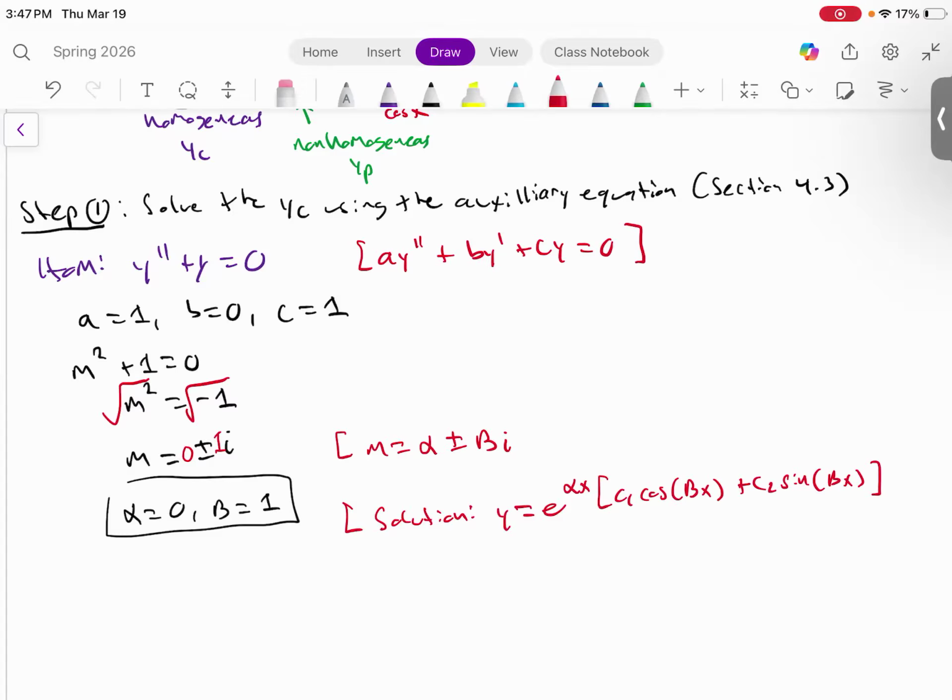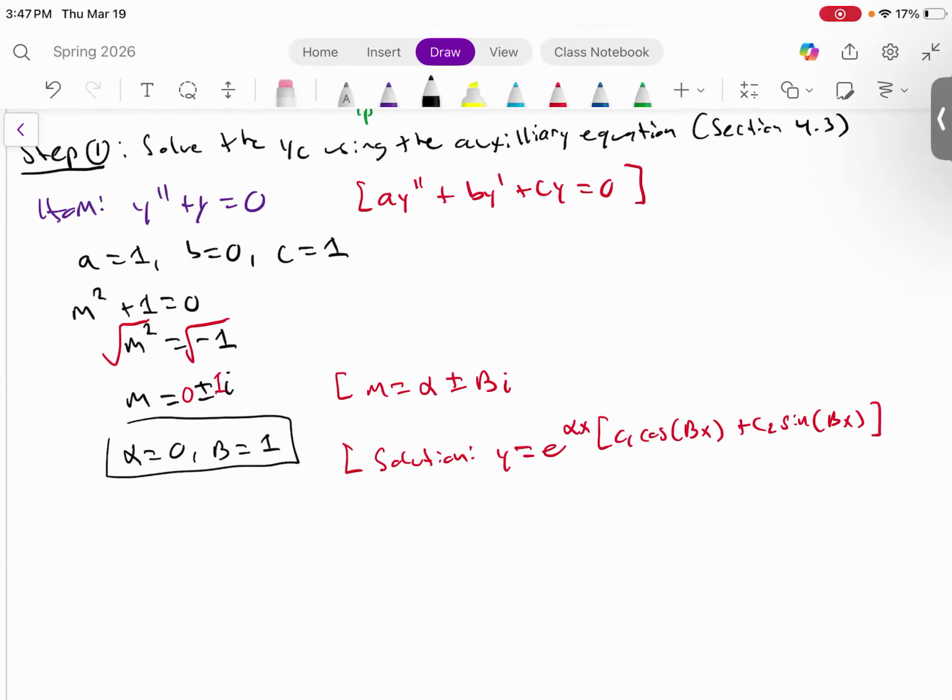And so our complementary solution here, y sub c, is e to the 0x times c1 cosine of 1x, plus c2 sine of 1x.